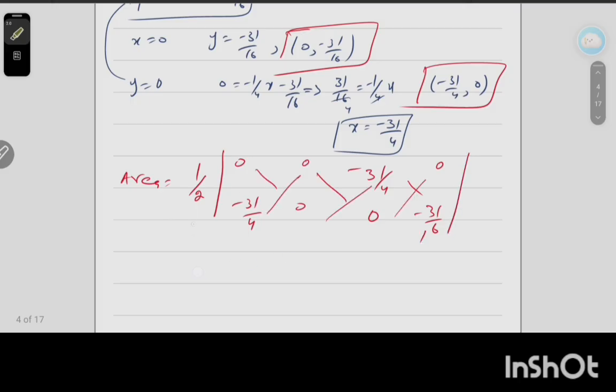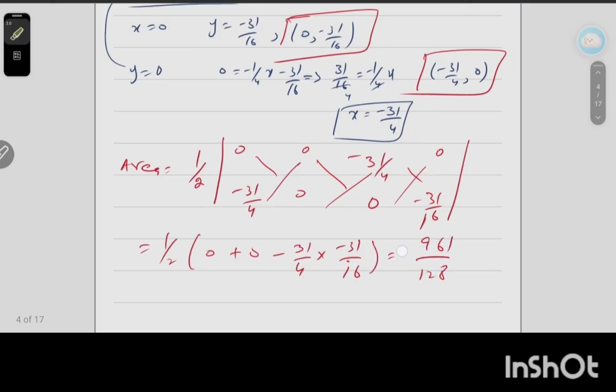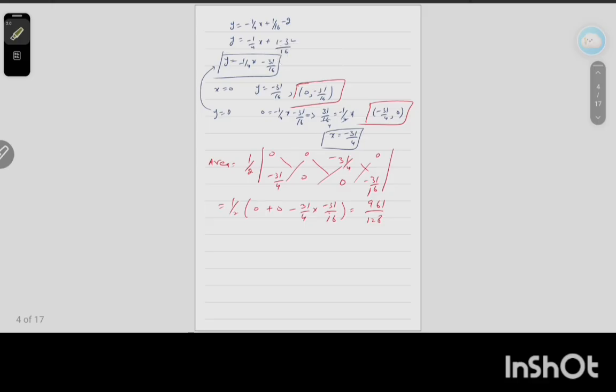If we complete, we have to multiply this one: 1 by 2, 0 plus 0, and 31 multiplied by 31, we get minus 31 multiplied by 4, minus 31 multiplied by 16. We get the answer 961 divided by 128. It's our final answer. Okay, dear student, hopefully you can understand.